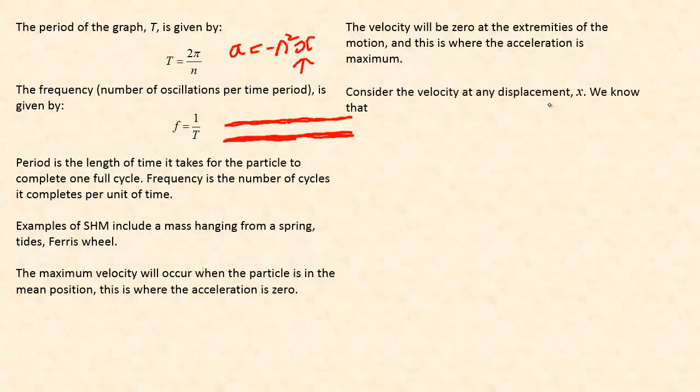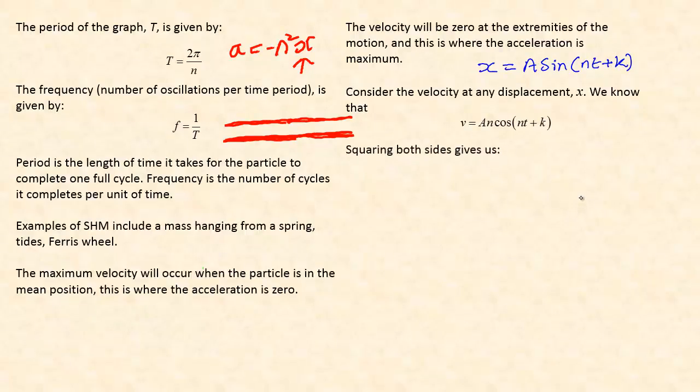Consider the velocity at any displacement x. Now in this case we're working with x is equal to a sine(nt plus k). So if we differentiate that, then we know that v is an cos(nt plus k). Squaring both sides gives us this, and then use this trigonometric identity.